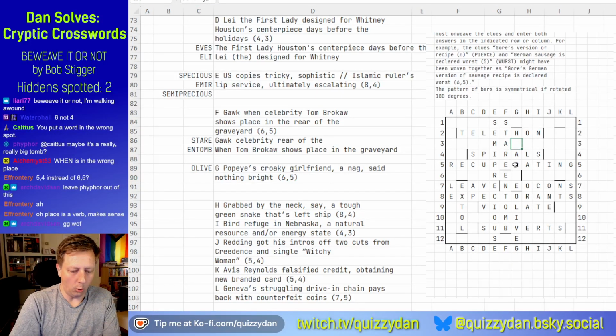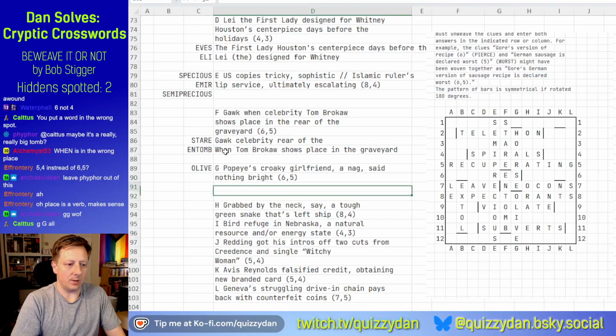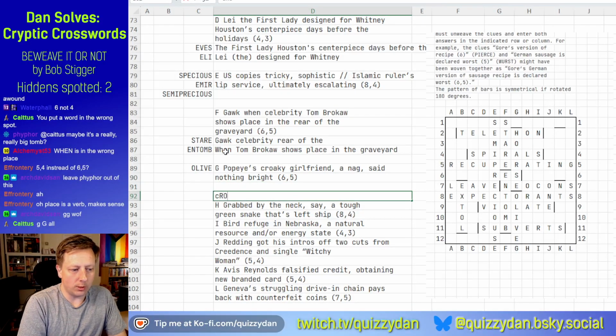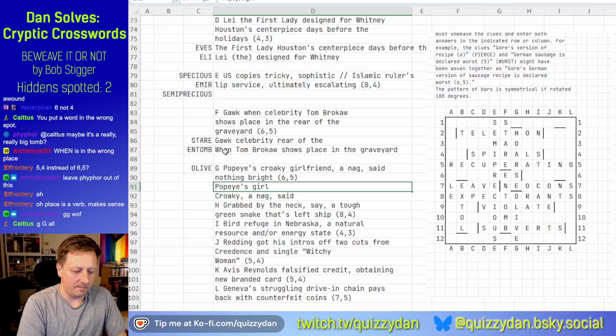And then it's horse, because that is so okay. So it's croaky, because that's horse. A nag said, and that leaves okay, Popeye's girlfriend. Nothing bright.